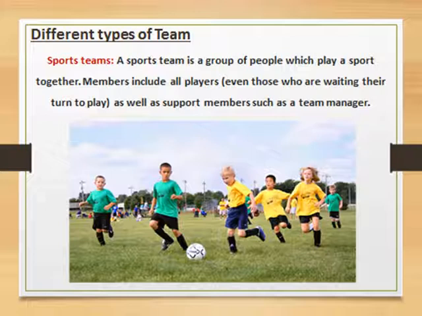Some players are waiting for their time, and they join the team when they have to jump into action. That doesn't mean they are not part of the team. So a sports team is a group of people who play a common sport together. Members include the people who are playing in the field and those who are waiting off the field as well.